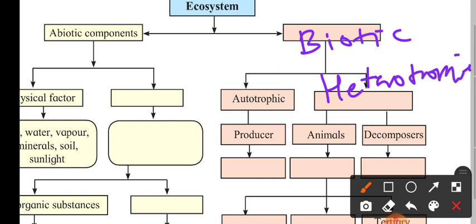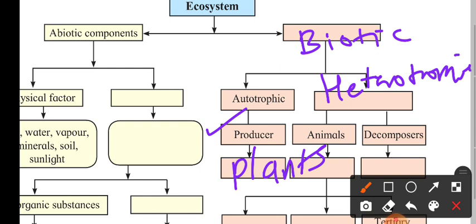The other one is heterotrophic. Now, autotrophic is nothing but the producers, and in that we have plants. Autotrophs are the producers among the biotic components of an ecosystem, and they are nothing but the greenery or the plants in and around us.